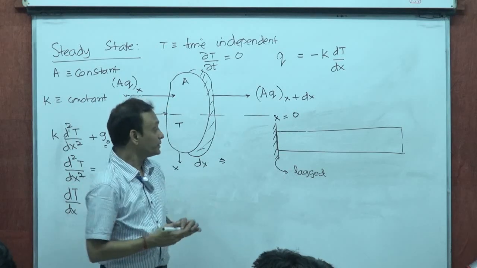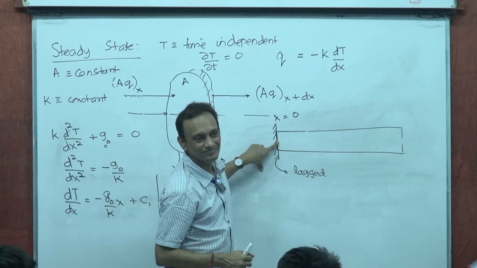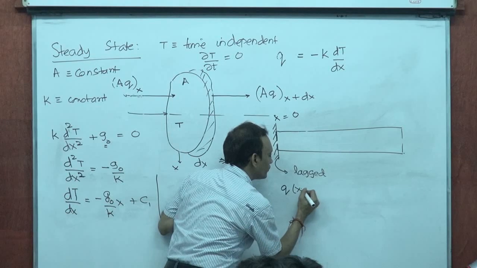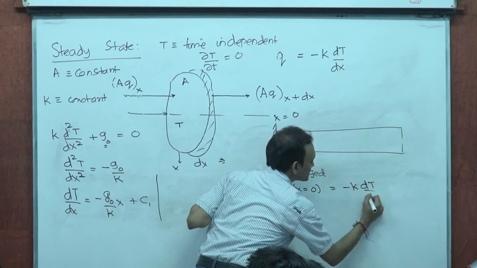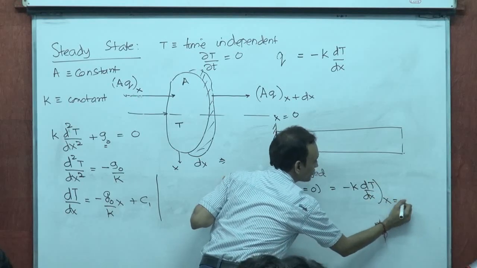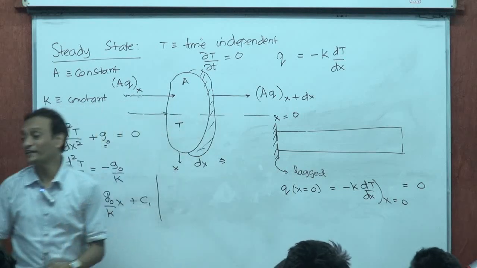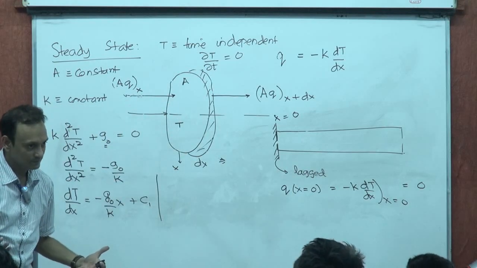Now, if it's insulated, the heat flux associated with x equal to 0 must be 0. That means the heat flux at x equal to 0, which is the value of minus k dT/dx at x equal to 0, will be 0. So this is another kind of boundary condition possible.